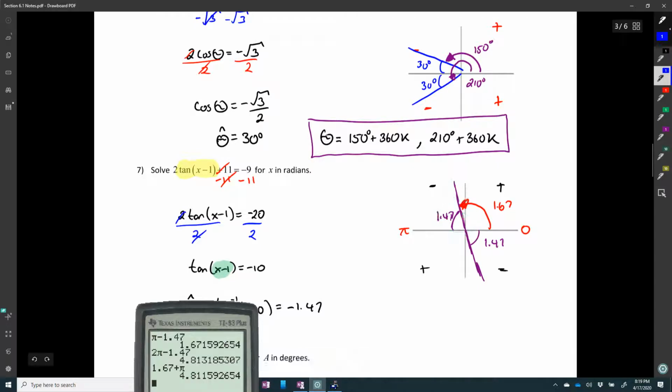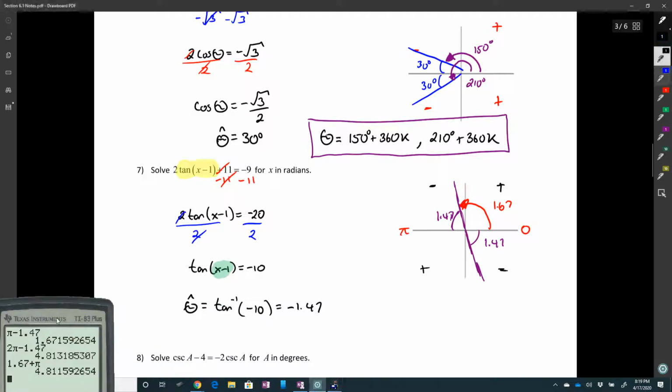So my answer is, my x minus 1, which was the inside, is equal to 1.67 plus k pi. All I got to do now is add 1 to the other side. And so x is equal to 2.67 plus k pi. There you go.